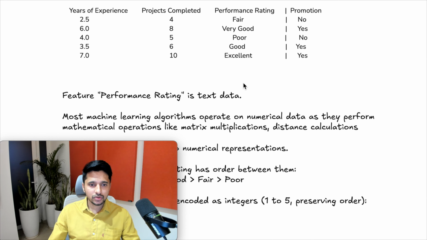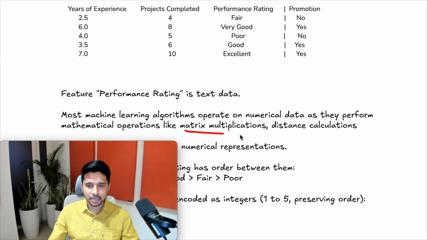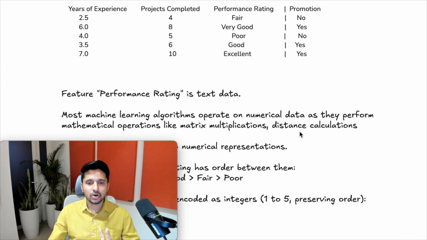Most machine learning algorithms operate on numerical data, as they can easily perform mathematical operations like matrix multiplications and distance calculations. So we need to convert this data into a numerical format.